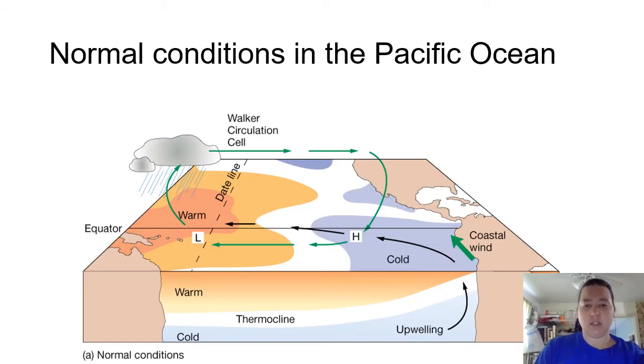So normal conditions, you can see we have the equator, not Ecuador, Ecuador is a country, the equator here, and then we have North America over here, we've got South America over here. And so what happens is usually upwelling brings that nutrient-rich water up here, and that causes the food webs to flourish.